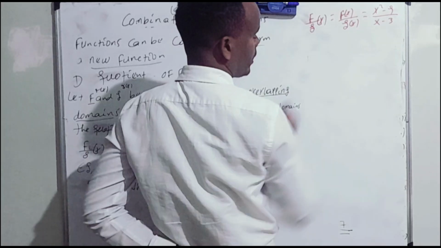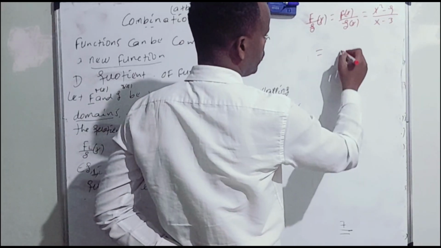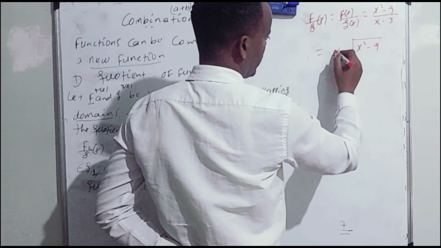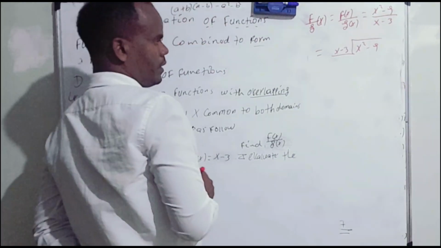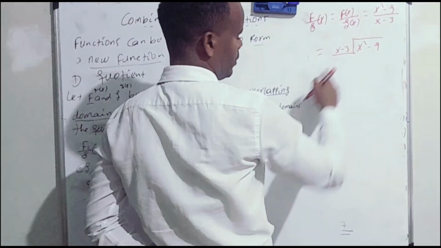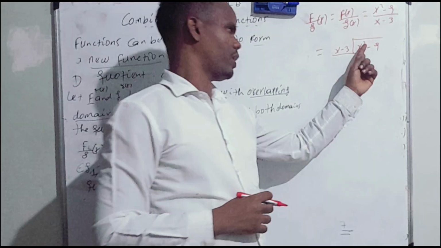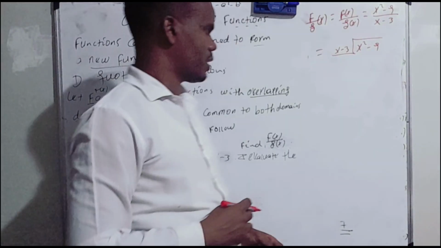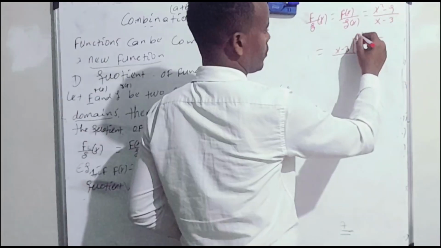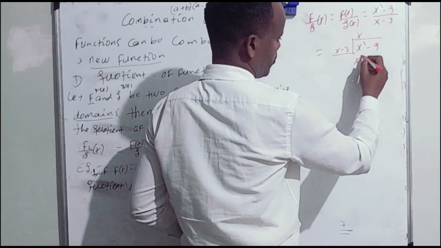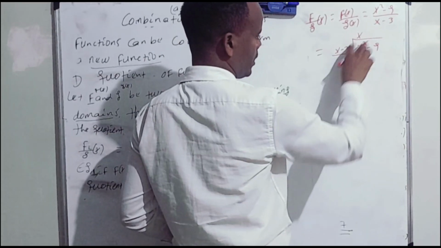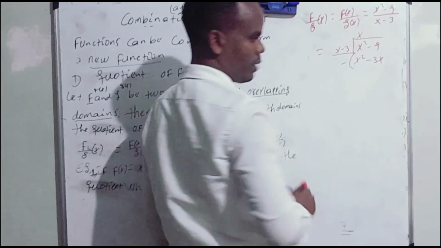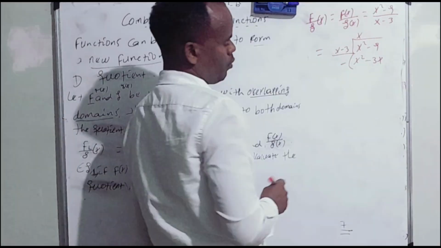Using long division, here is x to the power of 2 minus 9, divided by x minus 3. Divide x to the power of 2 by x, which gives x. x times x minus 3 is x to the power of 2 minus 3x.